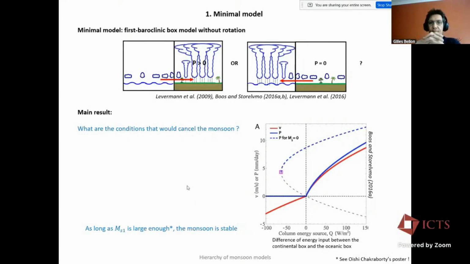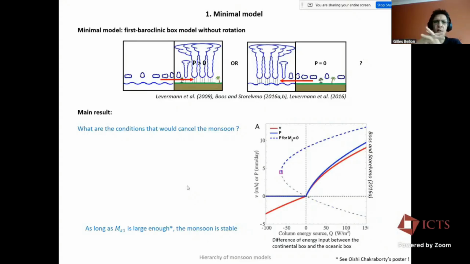And there was quite a bit of a debate about that around 2015, 2016. In particular, there was a paper by Levermann et al. in 2009 that was suggesting that there could be abrupt changes in the monsoon.